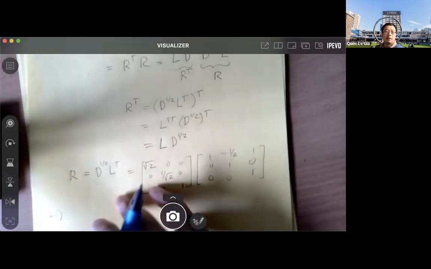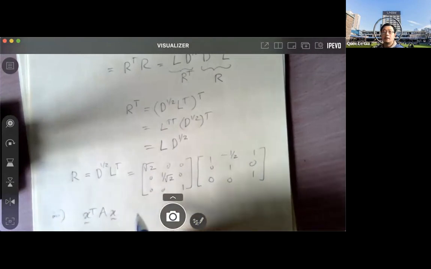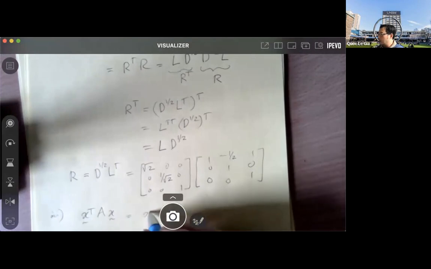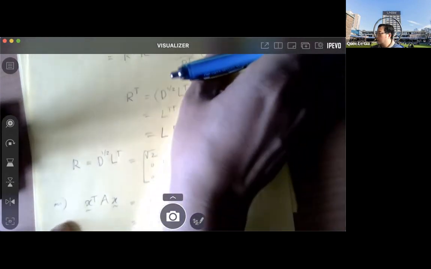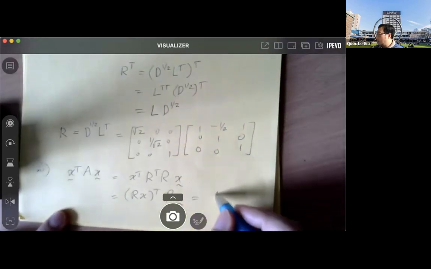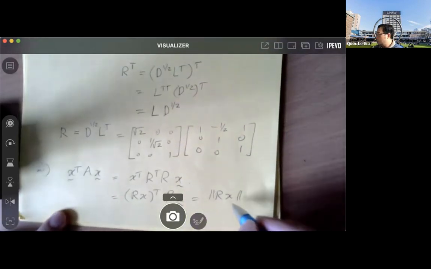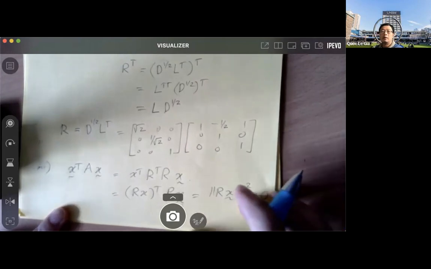You get X transpose AX for any vector X equal X transpose R transpose RX, and this equals RX transpose RX, which is just the 2-norm squared of RX, and is greater than or equal to 0, right?